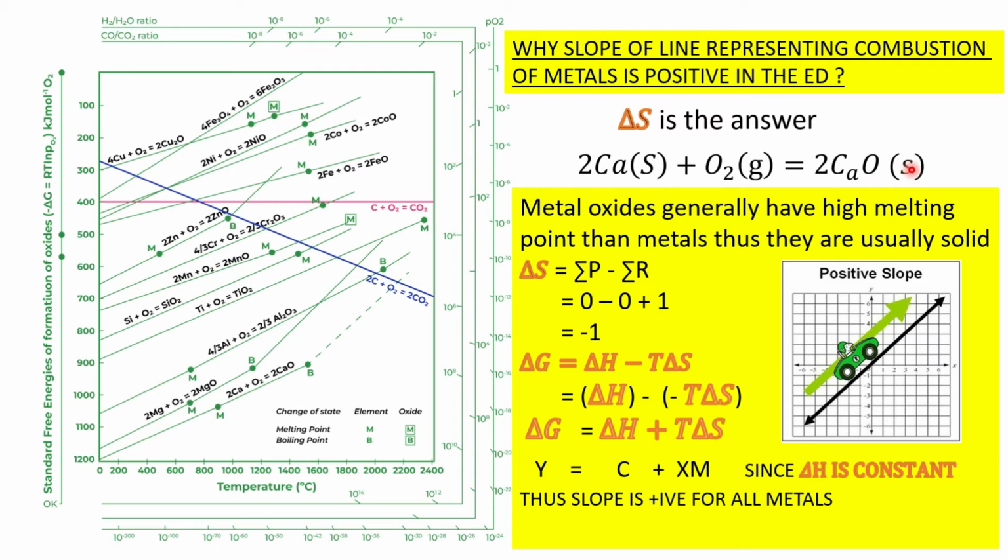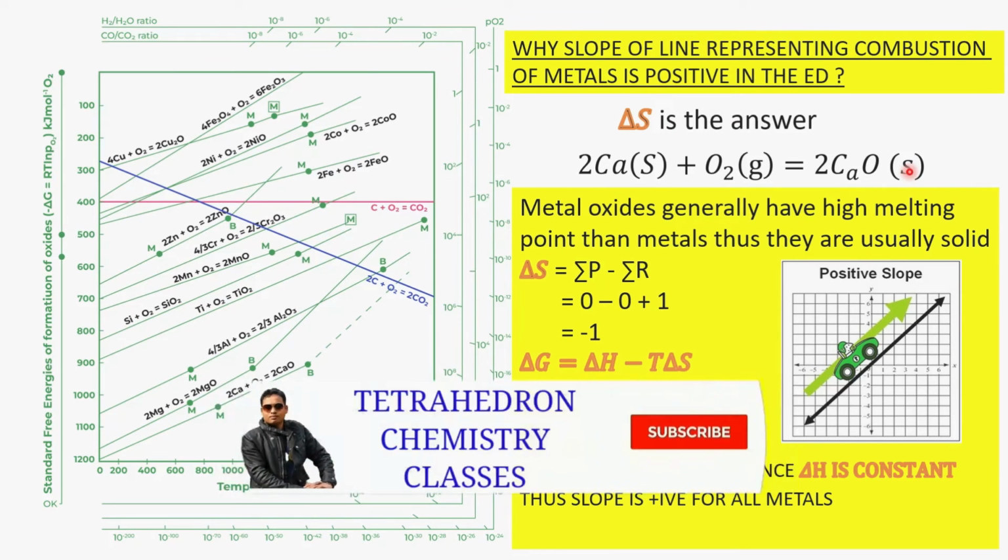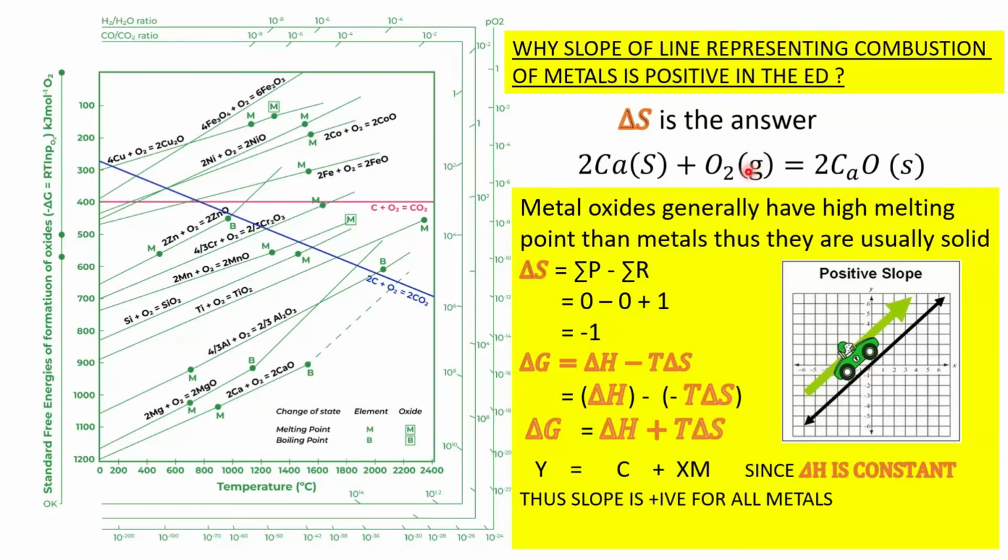So what is happening with the entropy of the system? It is decreasing, right? Why is it decreasing? You can see your gaseous reactant is there. If you know what entropy is, entropy is the measure of randomness, right?